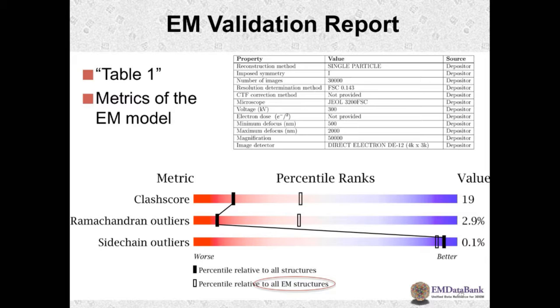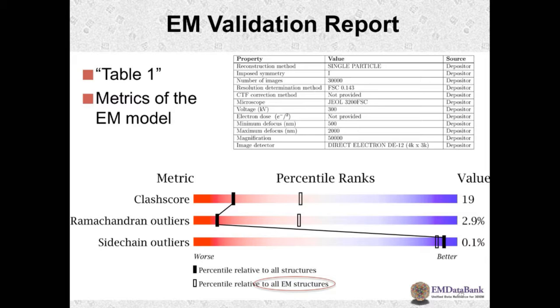So we have kind of a table 1, just with some basic information about how the data were collected. And then there's this bar chart here, which provides information about the quality of the model. So clash score comes from MolProbity, and the higher the number, the worse your model is.